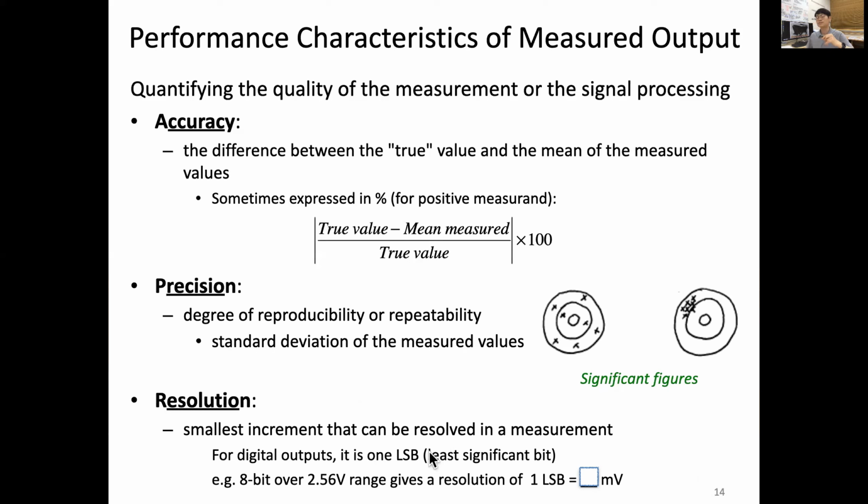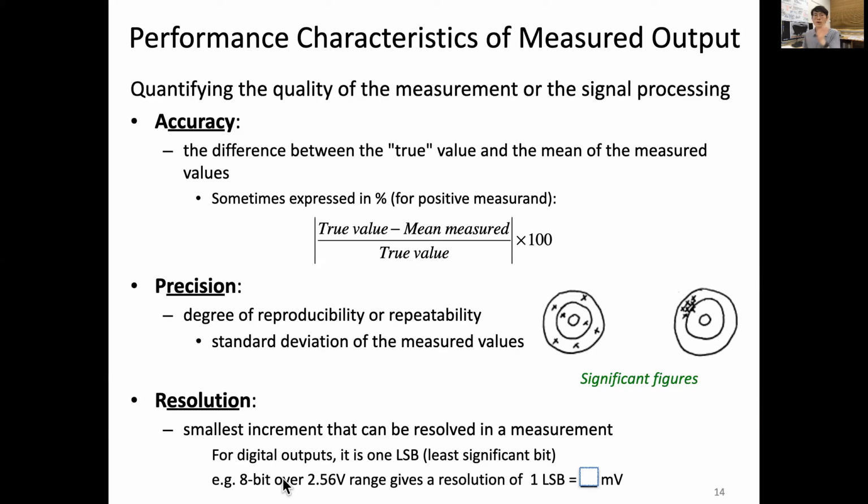For example, let's say I have a voltmeter with an 8-bit digital output, and that 8 bit corresponds to 2.56 volts. What would be the resolution? That will be 1 least significant bit.